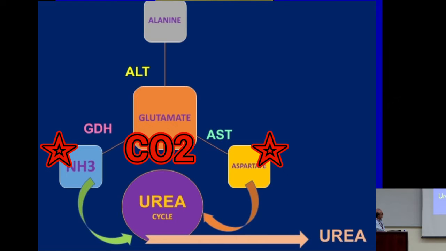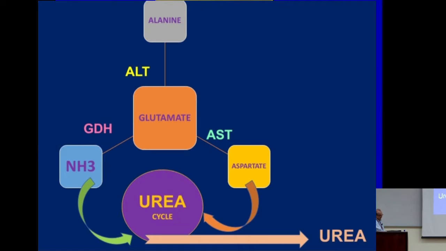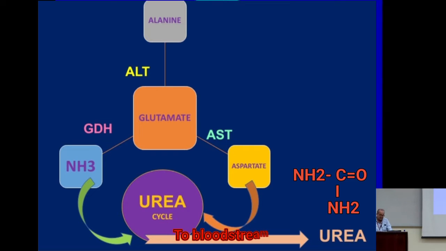You end up producing a molecule that has a carbon, an oxygen, and two nitrogens. That molecule produced in the liver is non-toxic, can be released in the bloodstream, sent to the kidneys, and excreted by the kidneys. So this is the function of the urea cycle.